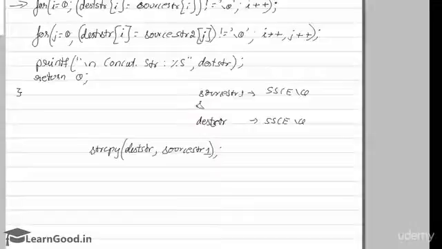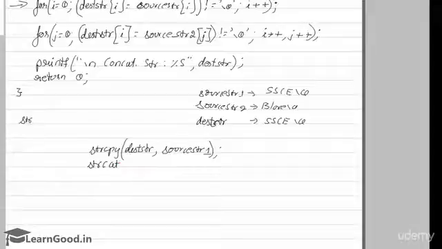Now the source str2 value, if it is Bangalore, that I would like to concatenate at the end of this dest str. So there is a function called strcat, string cat. This strcat function takes two parameters. That is, it's going to be a str array, that is a character array.